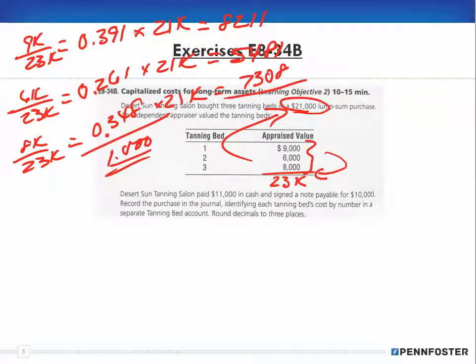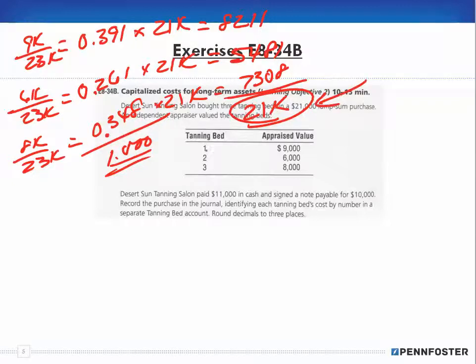And if you add all of those figures together, that should come out to your 21,000, which was your lump sum purchase, so that you know you had gotten those particular figures right.